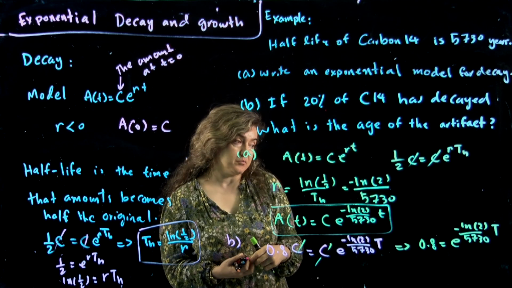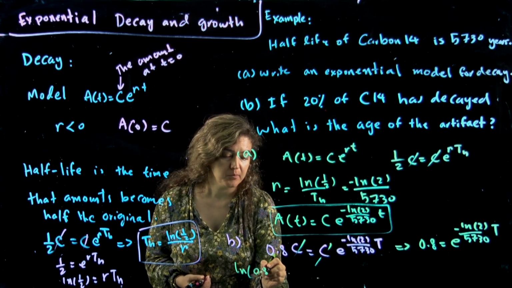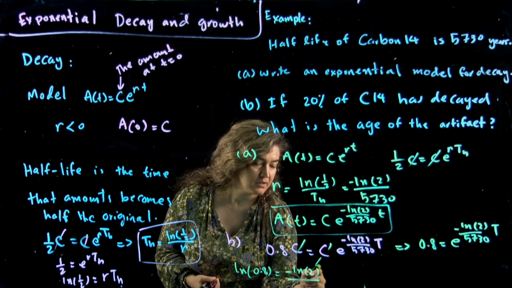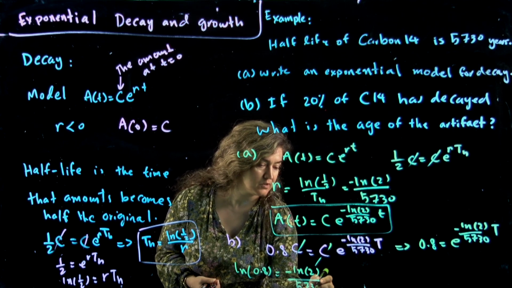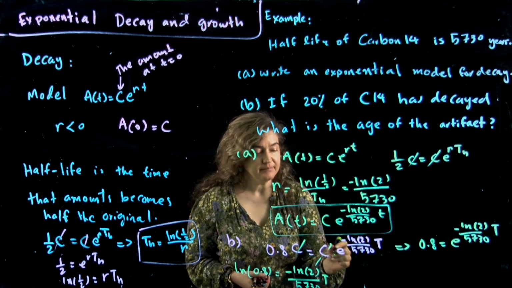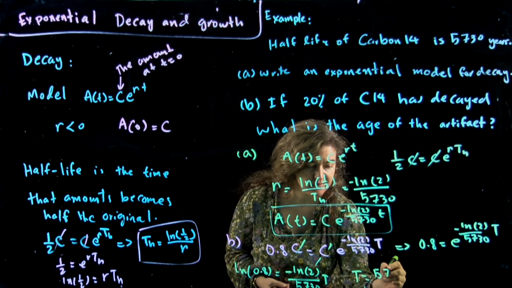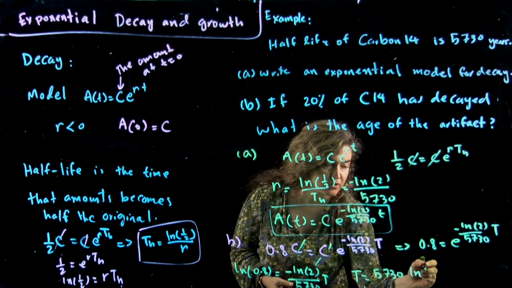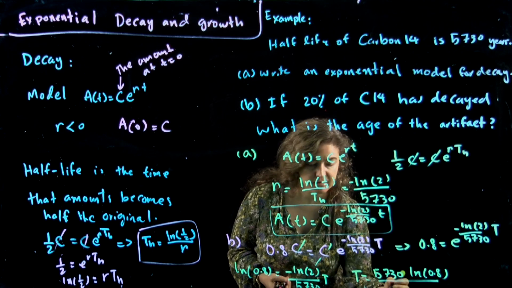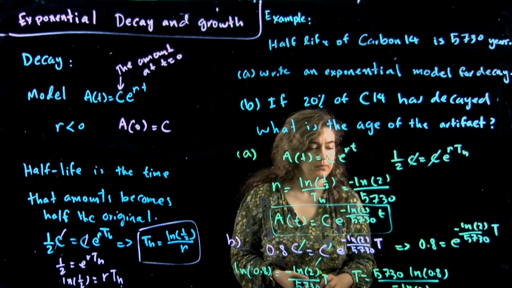Take the natural log of both sides, and you get natural log of 0.8 is equal to negative natural log of 2 divided by 5,730 times t. Now solve for t, and that would be 5,730 natural log of 0.8 divided by negative natural log of 2.